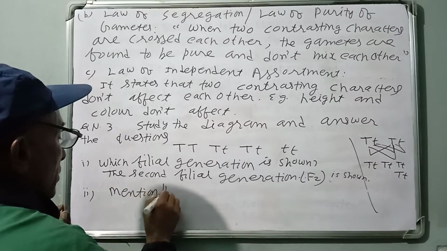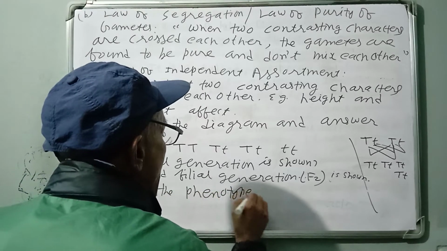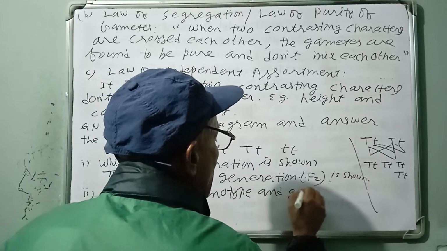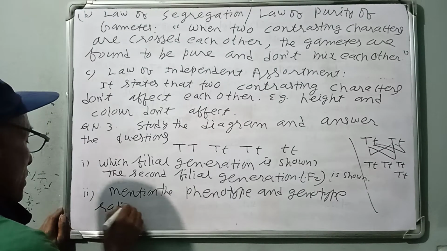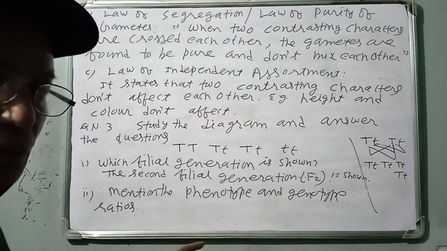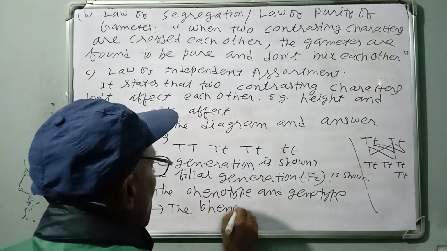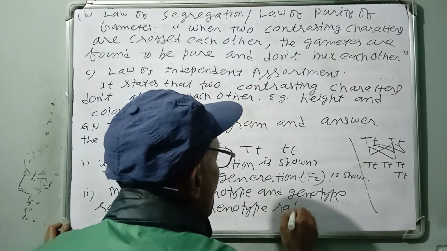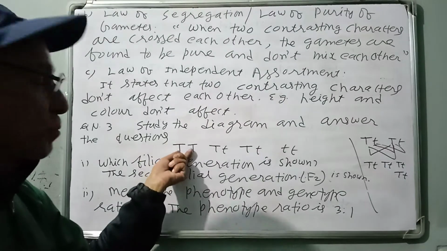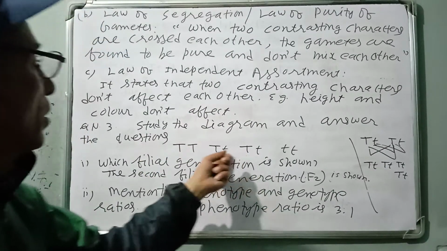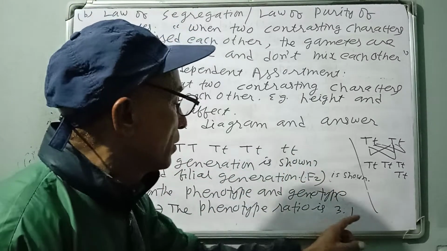Number 2, what is the ratio? Mention the phenotype and genotype ratios. What is the phenotype ratio and what is the genotype ratio? The phenotype ratio is 3:1, because we can see one pure tall, 2 hybrid tall. So 3 tall and 1 is pure dwarf.